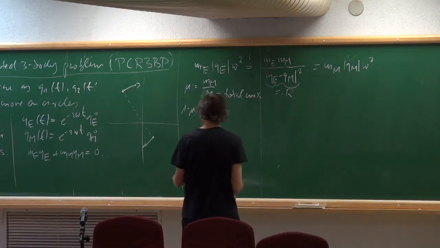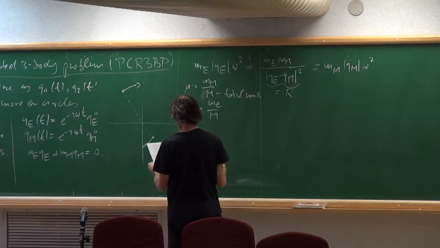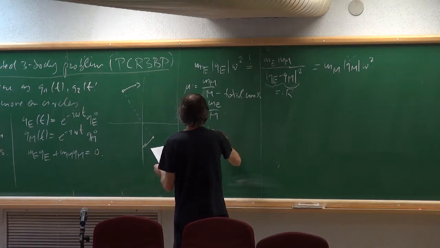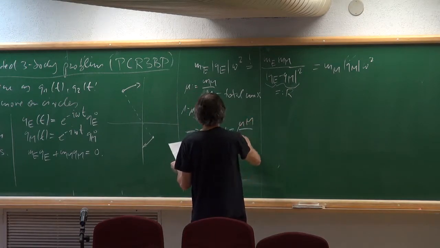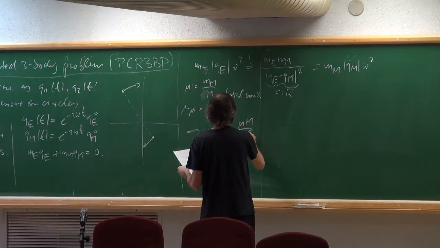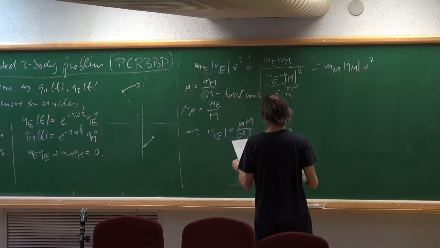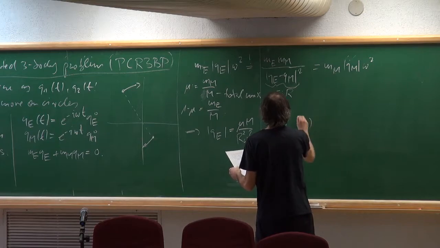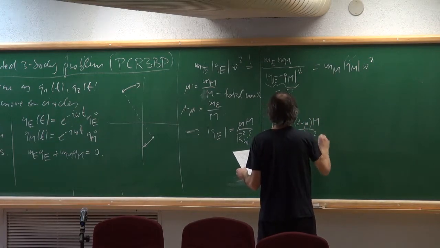Then we get the equation that the radius QE must be mu times M divided by R squared omega squared, and the radius QM must always be 1 minus mu times M divided by R squared omega squared.